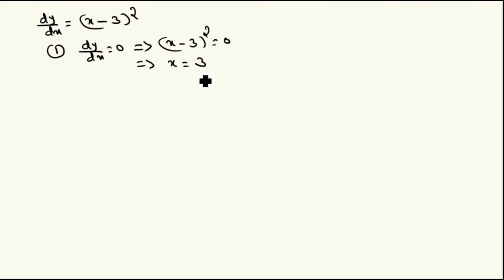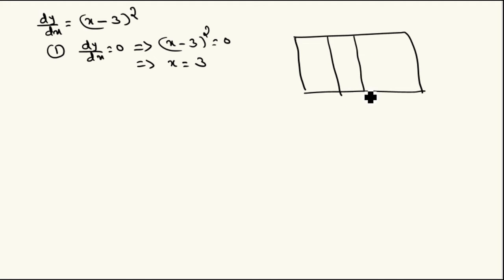Now we have to see whether it is taking relative maxima or minima. For that, again we are making the table of x and dy by dx. So you got the point 3 where the tangent is parallel to the x-axis.